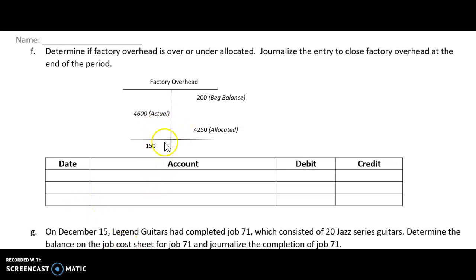Okay, so picking up where we left off, I asked you how would we close this debit balance? Well, to close something, you do the opposite. So we would need to credit factory overhead for the 150 because we want the balance to be zero.